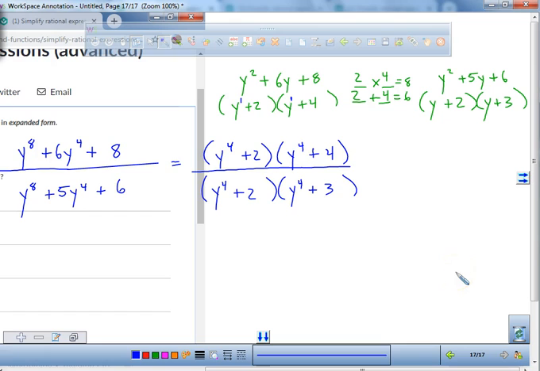Now, this is where it gets kind of interesting. Is there any number right here that could make that equal to a 0? What do you know about even-numbered exponents? Even numbers always produce what kind of result? If you put a negative in there, it's always going to be positive no matter what, because a negative times a negative is a positive.